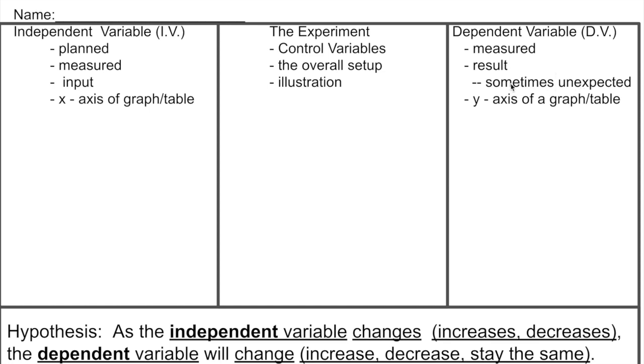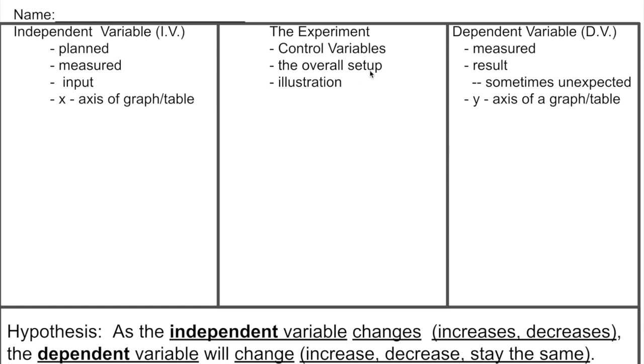But there's always something that will happen in an experiment where you're like, oh, wow, I didn't expect that to be the number I got, or I didn't expect that to happen that way. So just be prepared for that. This also goes on the y-axis of our data table as well as our graph.